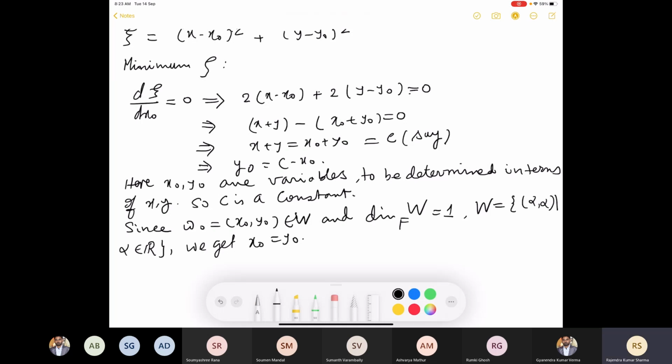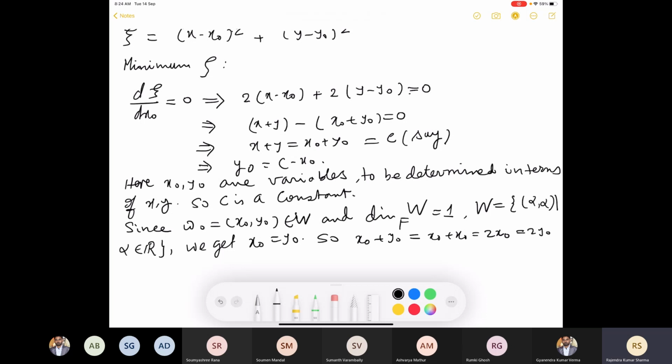So what we get here is that if you substitute here, X naught plus Y naught is same as X naught plus X naught. So this X naught plus X naught is equal to twice X naught, which is the same as twice of y naught.